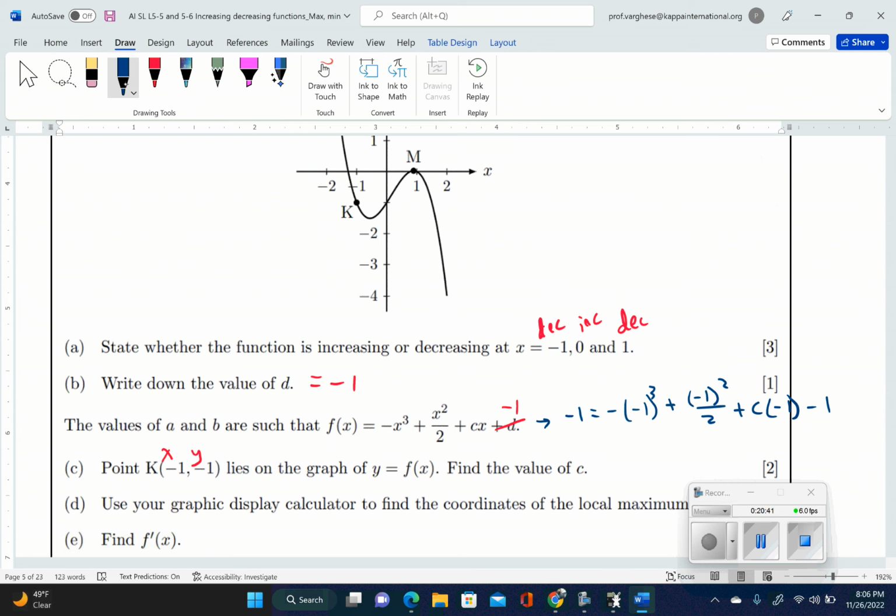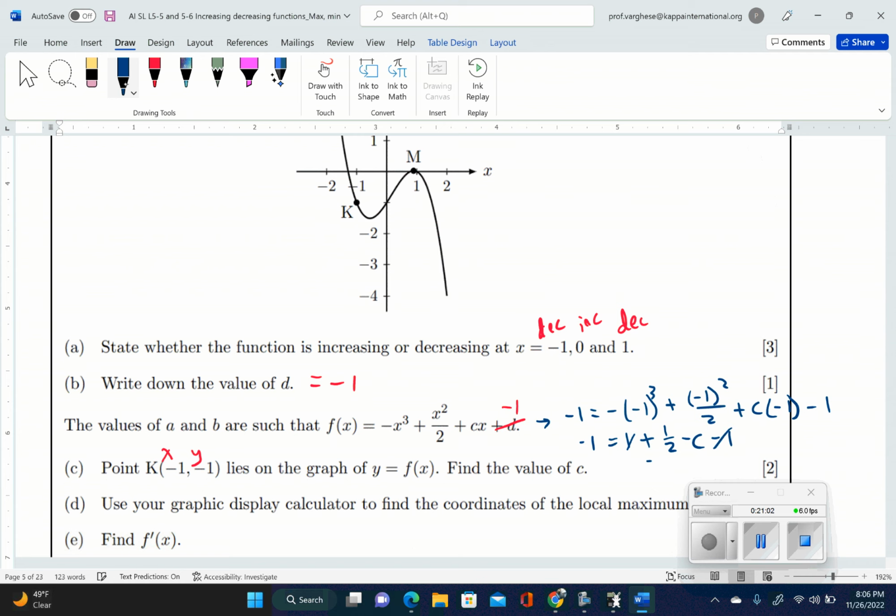So -1 to the third power is -1, plus -1 squared is 1, so this is 1/2. This next one, c times -1 is -c, minus 1 is equal to -1. 1 minus 1 is 0, so they cancel out.